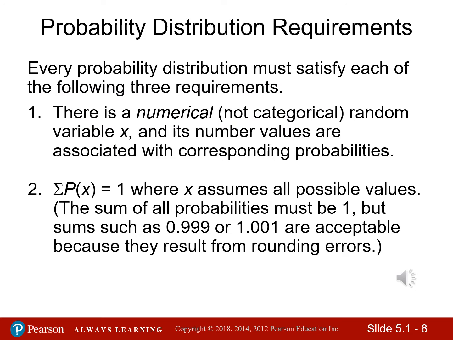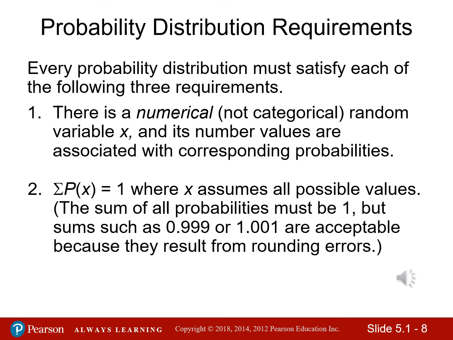Every probability distribution must satisfy each of the following 3 requirements. First, there is a numerical, not a categorical, random variable x, and its numerical values are associated with corresponding probabilities.